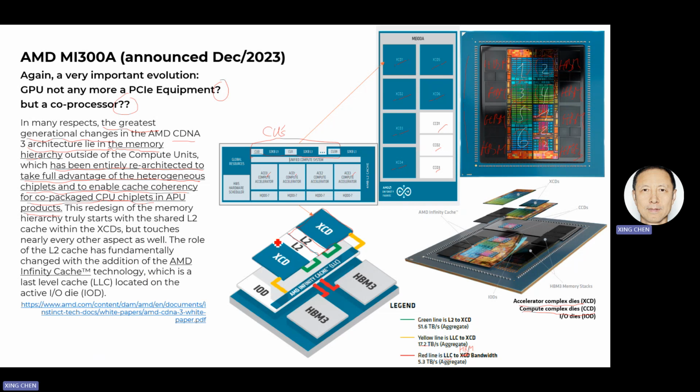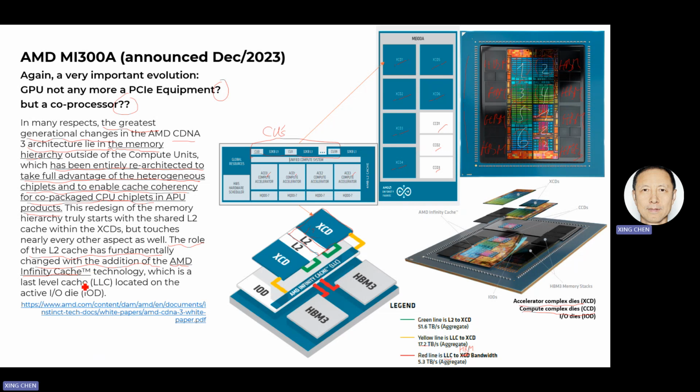Okay, you have this XCD, I mean, for this GPU, you have the L1 cache inside the die with the GPU. And then you have this L2 cache. And then there is also this AMD Infinity Cache. So the role of the L2 cache has fundamentally changed with the addition of the AMD Infinity Cache.